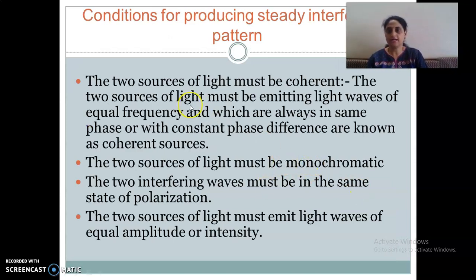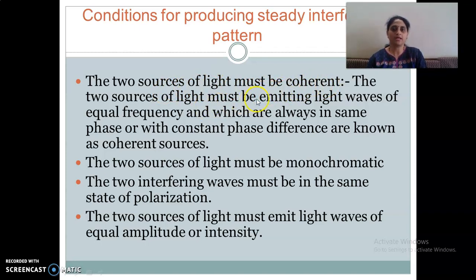Next point, that is the condition for producing a steady interference pattern. Means what are the conditions that are required? The two sources of light must be coherent.